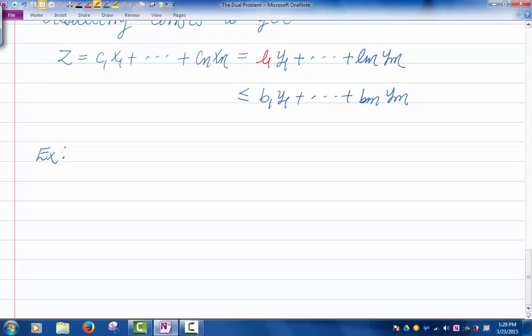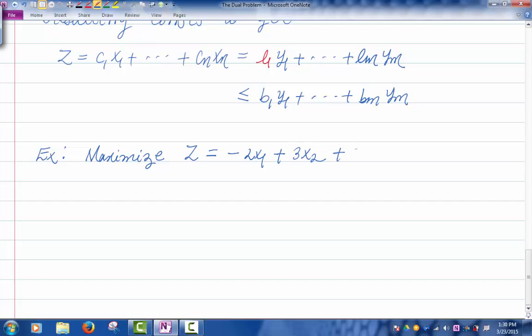Let's look at the following example. Here, I want to maximize z equals negative 2x1 plus 3x2 plus x3. Okay?